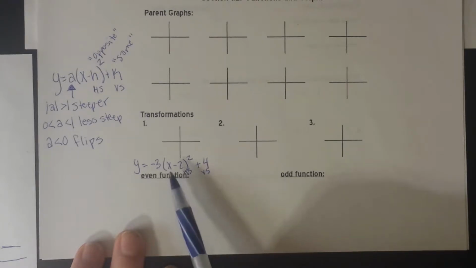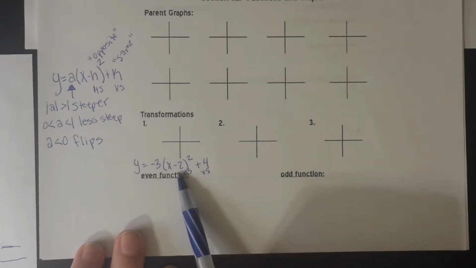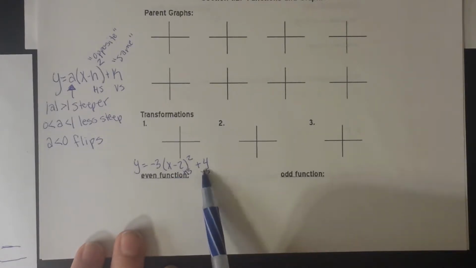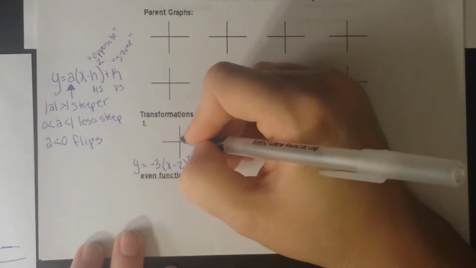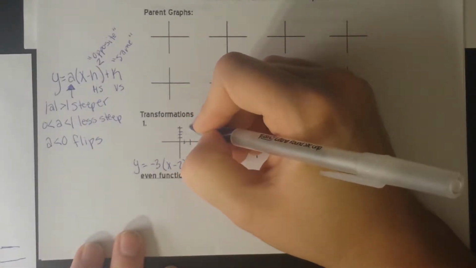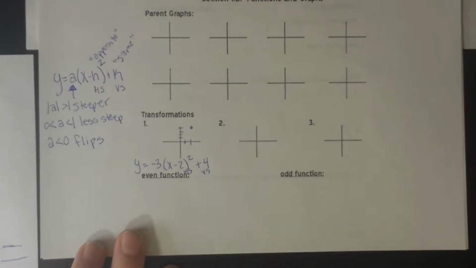Opposite, same. We know quadratic is a parabola, so we're going to find the vertex of the parabola. Opposite, same. We're going to go right 2, up 4. So right 2, up 1, 2, 3, 4. There is our vertex of the parabola.